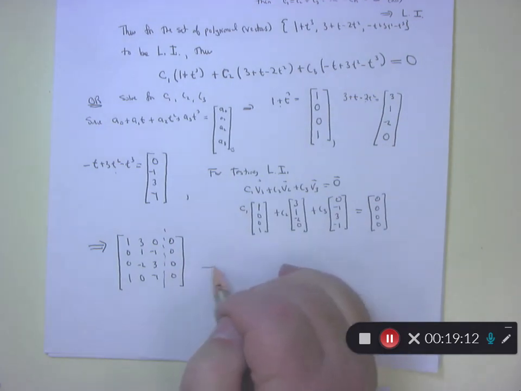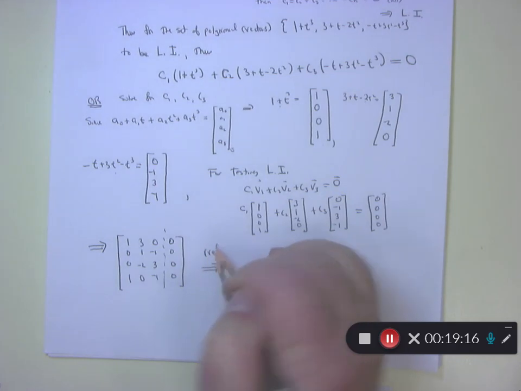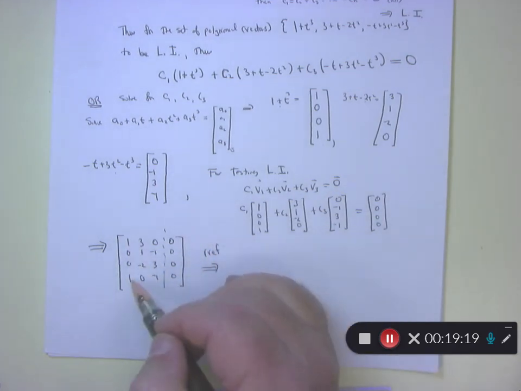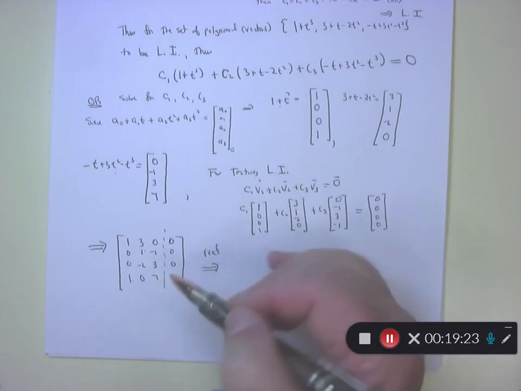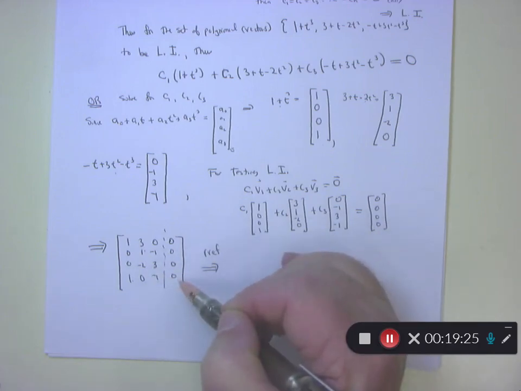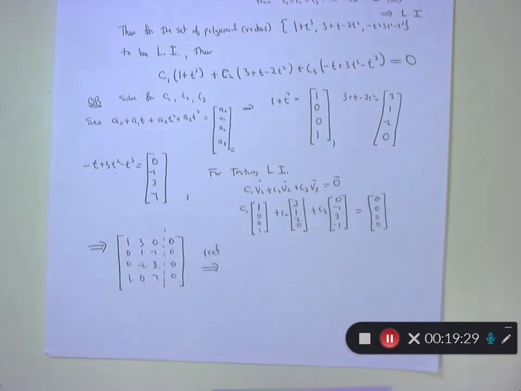And then what do we do? We RREF it. We make that pivot, sweep down, make some zeros. Then make this a pivot, sweep down. Make this a pivot, sweep down. Make this a pivot, but it's 0, so it can't be a pivot. Then you take this last pivot, sweep up, last pivot, sweep up, last pivot, sweep up, and you go solve, and let's see what you get.